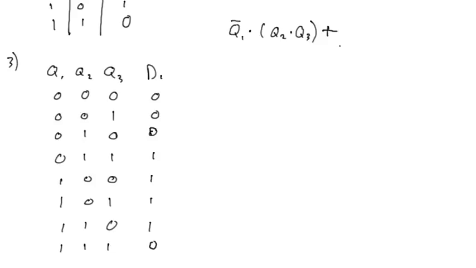If Q1 is true, in other words, if it's a 1, then the only time I get a 0 is if both of these are 1s. So that would be Q2, Q3, not.